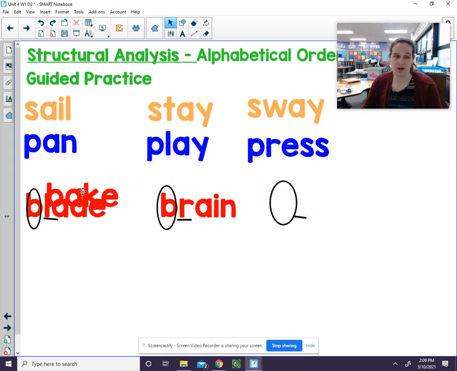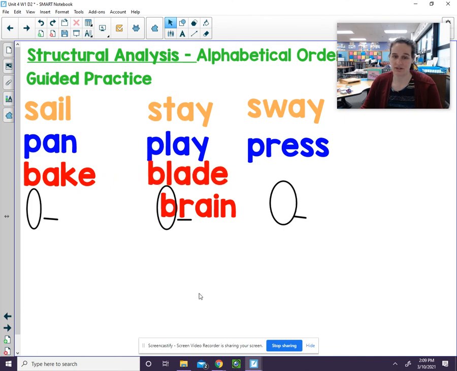A would come first, so our first word is going to be bake. Now you decide, L or R? L comes next in the alphabet. So our next word is blade, which means brain would be our last word.